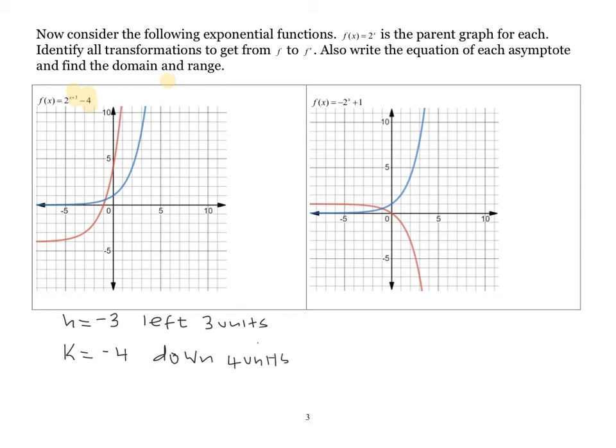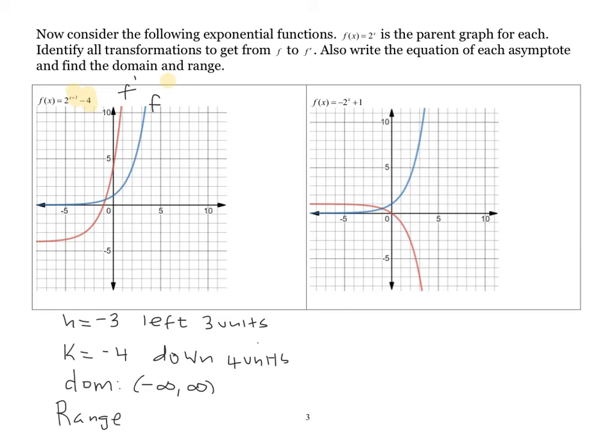So those are the transformations, and I can also write the equation of the asymptote for the new graph. Remember, this is the transformed function, and this is the parent. Here, the domain is the same, negative infinity to positive infinity. So what about the range?